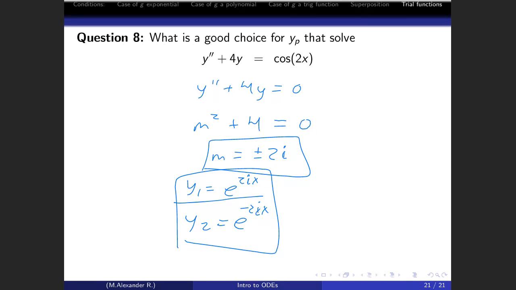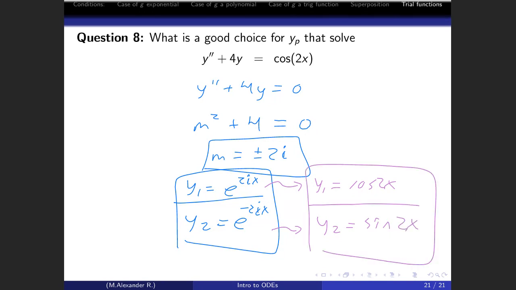But if you're dealing with something like a physical property that has no complex numbers related to it, then you want to find the other versions of y1 and y2. So we're going to replace y1 and y2 with the following two formulas: cosine of 2x, and y2 is going to be sine of 2x. This is what we did in the previous section, on linear homogeneous constant coefficient differential equations.